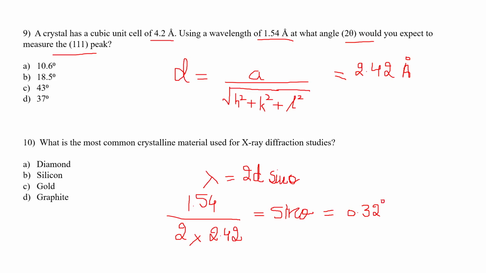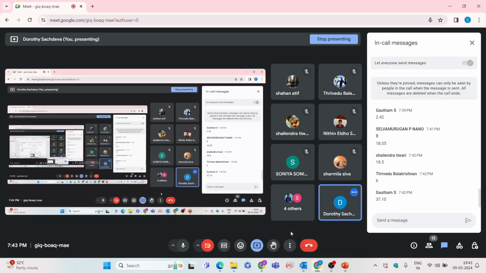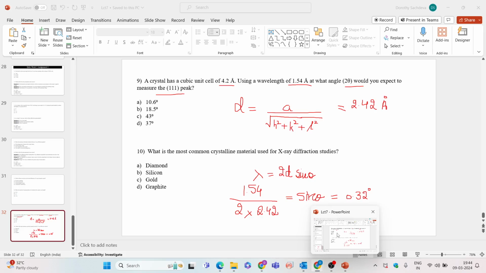Right? Anybody else is getting this same answer? Gautam has already calculated the final answer as 37.1. Balakrishnan also says B. Okay, most of you have calculated the answer. So this theta is 18.5, but in the question they have asked you the value of 2 theta.